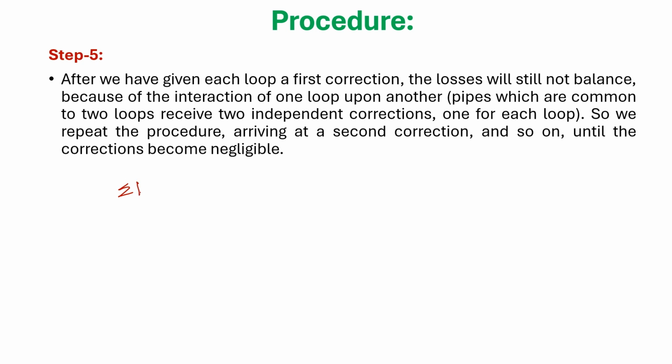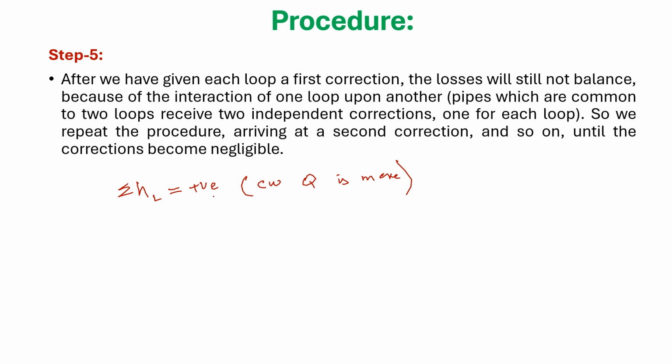This is a very important thing: if the summation of hl is positive, it means that the clockwise discharge is more, because we assign hl a positive sign when q is in the clockwise direction.